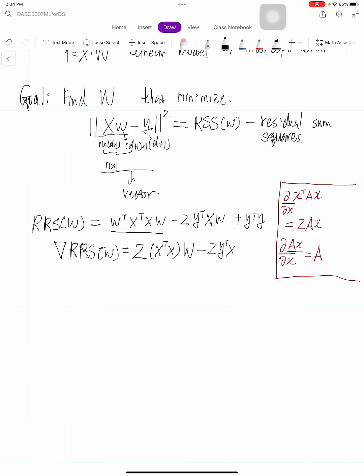We get rid of it after the derivative, and then we set this equal to 0 and solve for W. If you set this equal to 0, we get X transpose X W equals Y transpose X. This has a name called the normal equation.